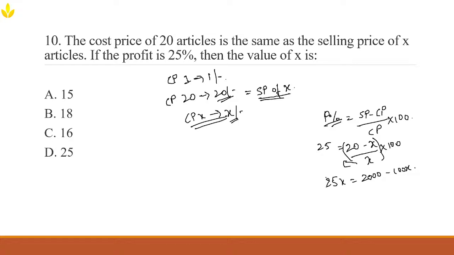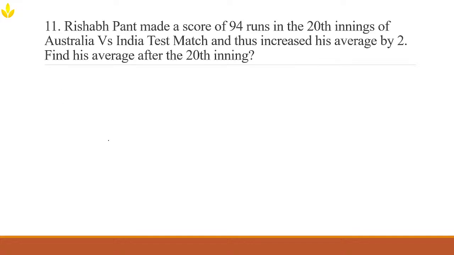If you shift 100x to this side, 100 plus 25 is 125x, equal to 2000. So the x value will be 2000 divided by 125, that is nothing but 16. So the x value is 16.